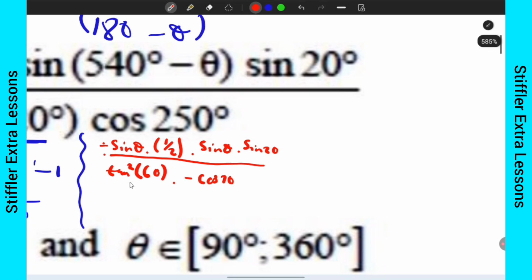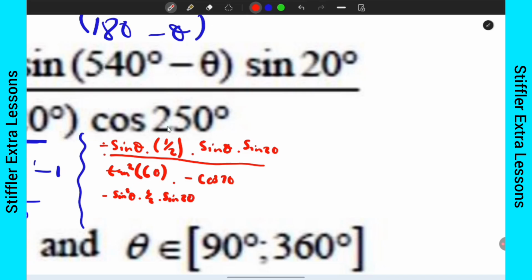Still we're having this negative, but sine theta multiplied by sine theta will give us sine squared theta, multiplied by half, multiplied by sine of 20.